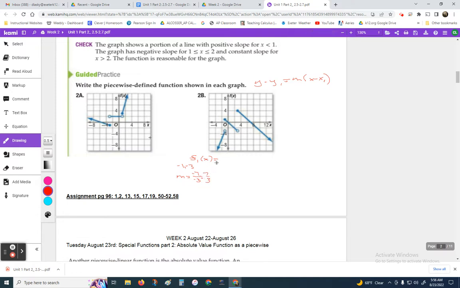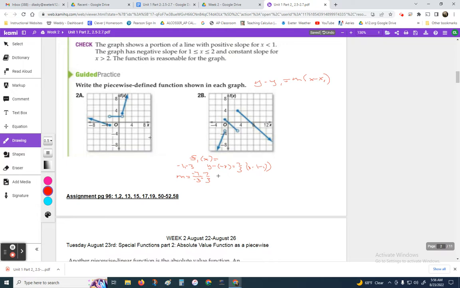So this is what we get. I get y minus -3 equals slope 7/3 times x minus -1. So that is my first equation of a line.